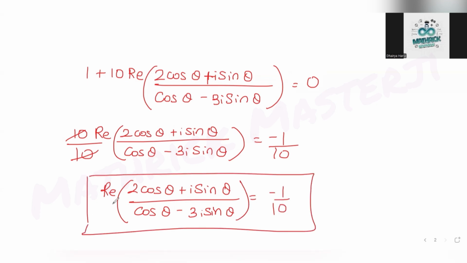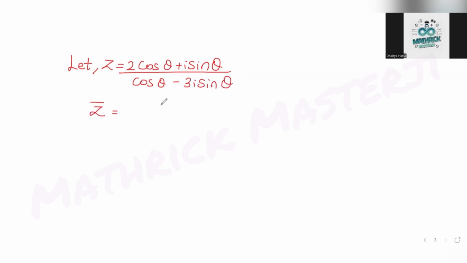Now let's understand this complex number. Let's put it as z, so z is (2 cos theta plus i sin theta) divided by (cos theta minus 3i sin theta). The conjugate of z changes i to minus i, so minus i sin theta, and because it is minus 3i, it becomes plus 3i sin theta.